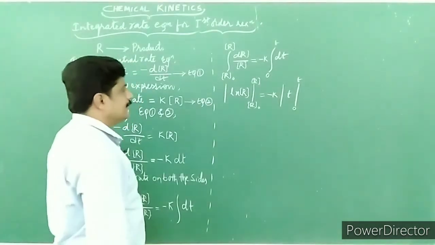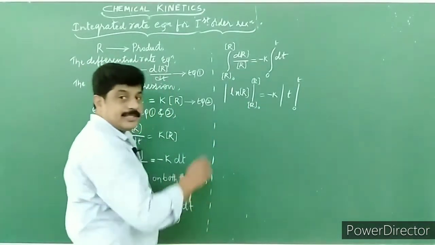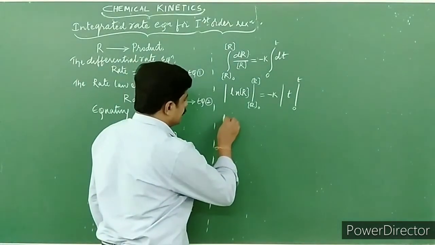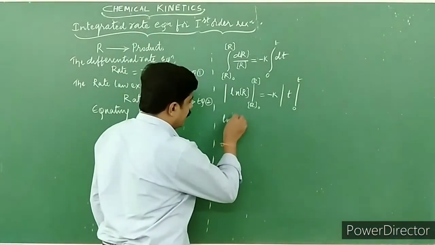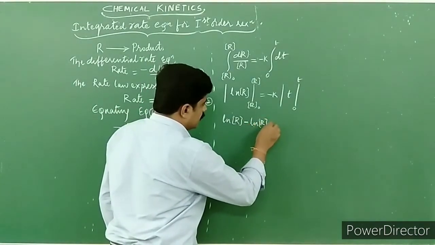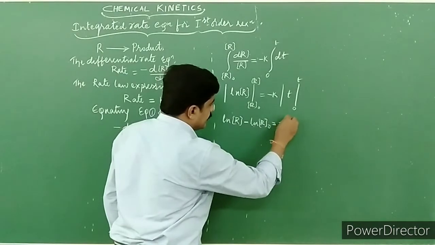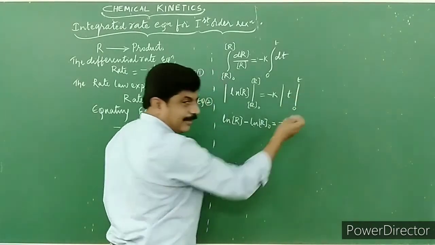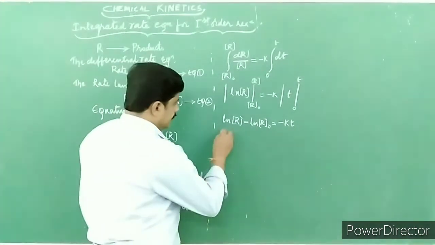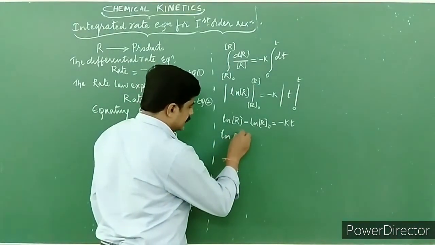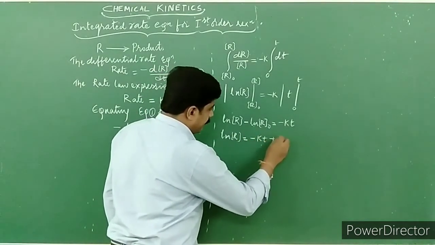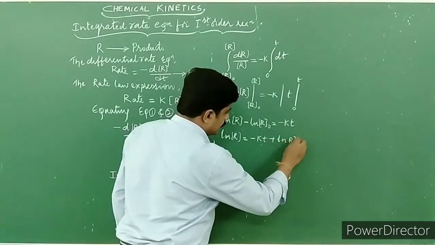Hope you got it. Now let me substitute the upper and lower limit. How do I do that? Look at it, please. ln R minus ln R naught is equal to minus k into t. t minus 0 is nothing but t, so I will write minus k into t. Children, ln R is equal to minus kt plus ln R naught.